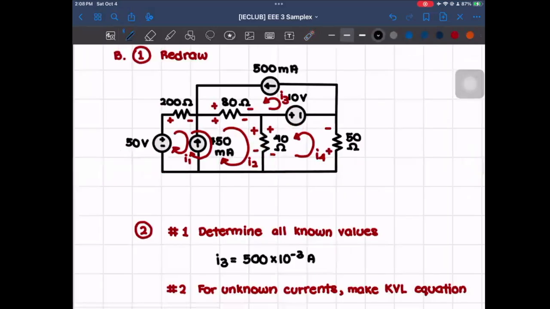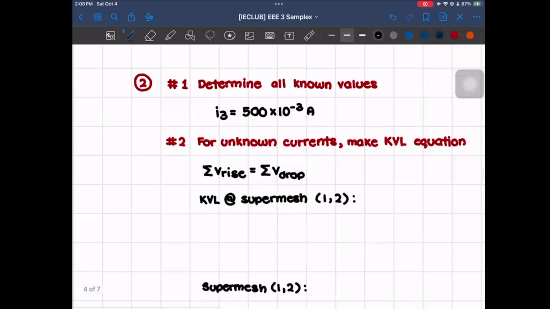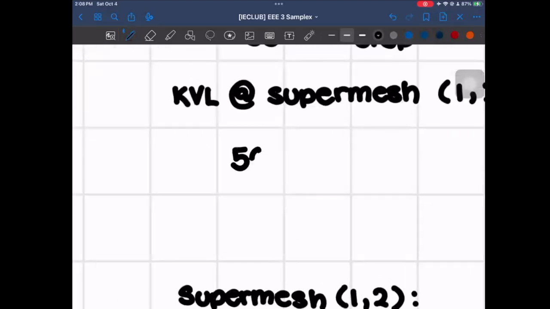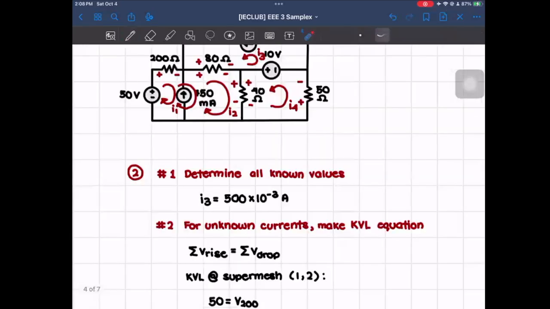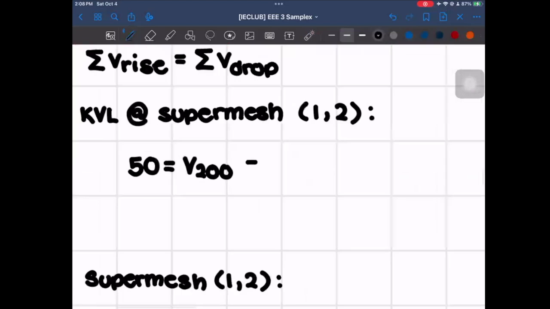So if we put it here, that would be 50 is equal to V200 plus V80 plus V40. So if I just write this down now, we have this equation.